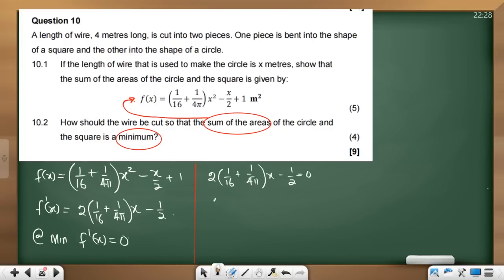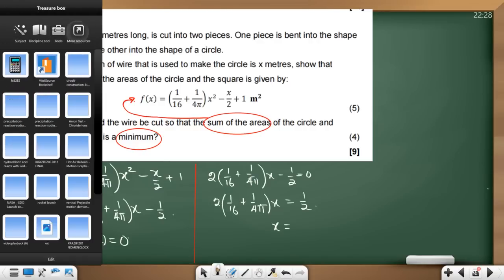Let's move the half over. 1 over 16 plus 1 over 4 pi, x equals to what? Half. Okay, we can get a value here and just divide, right? We can get the whole value here and say half divided by that.